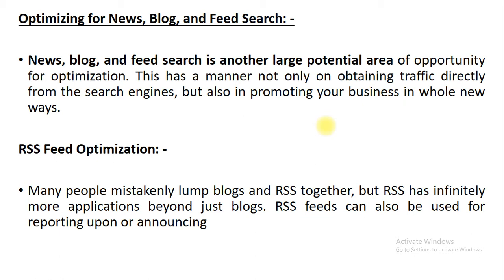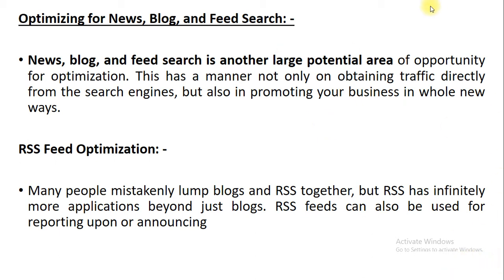Using this type of optimization, you are able to create traffic on the search engine. It may be that direct traffic is not created, or traffic is created directly on a particular feed, blog or news search. Now, what does RSS feed optimization mean?